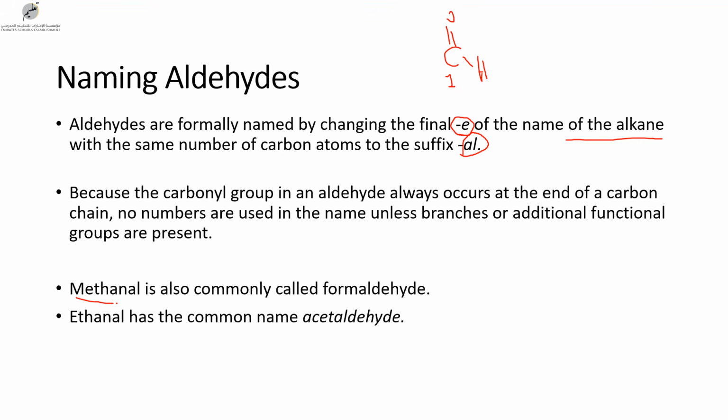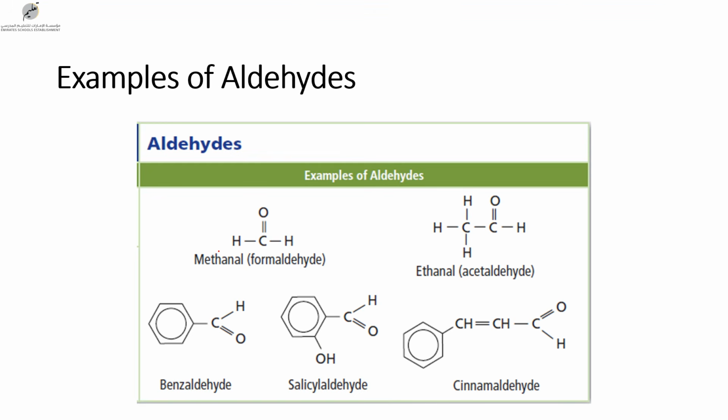For example, you'd have methanal, which is also called formaldehyde when you have one carbon. Ethanal, called acetaldehyde when you have 2 carbons, okay? So have a look here. So how many carbons do we have here? 1, right? So the name should be methane, but we will remove the E and put Al because it's an aldehyde. So methanal.